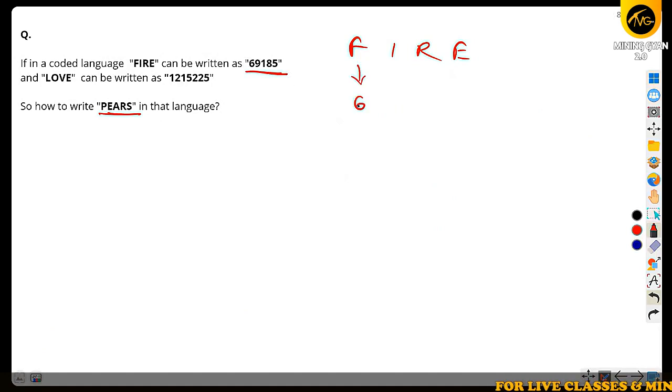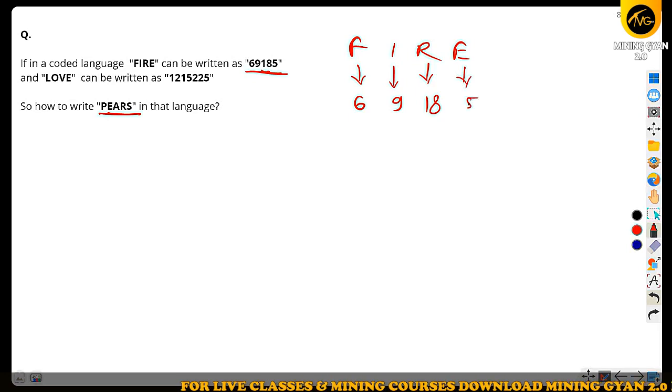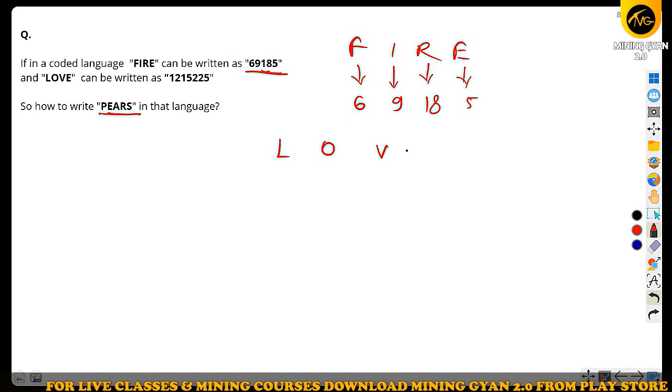Basically 6 is the base number for F, 9 is the base number for I, 18 is the base number for R, and 5 is the base number for E. You can cross-check with the word LOVE.